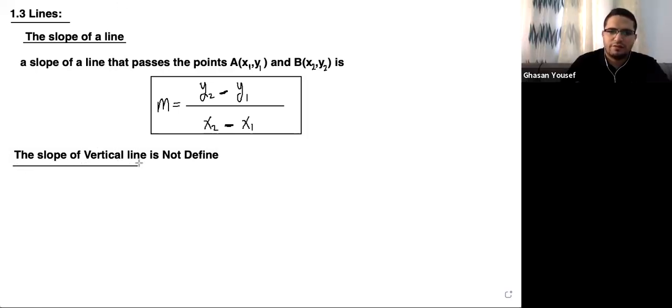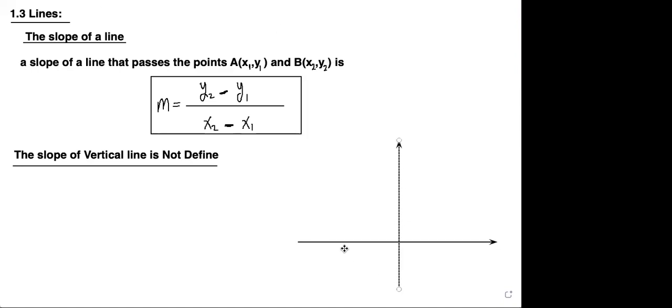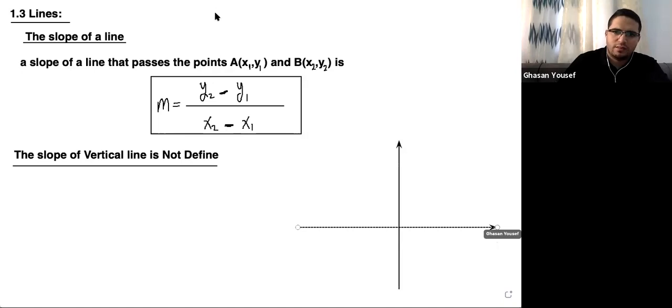I'm going to graph the Cartesian plane, and we have a vertical line, the red one here.